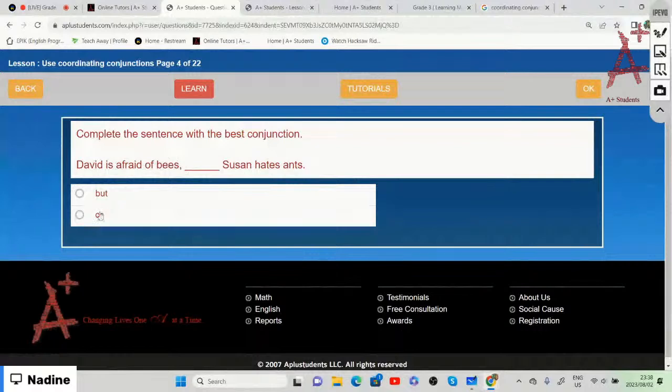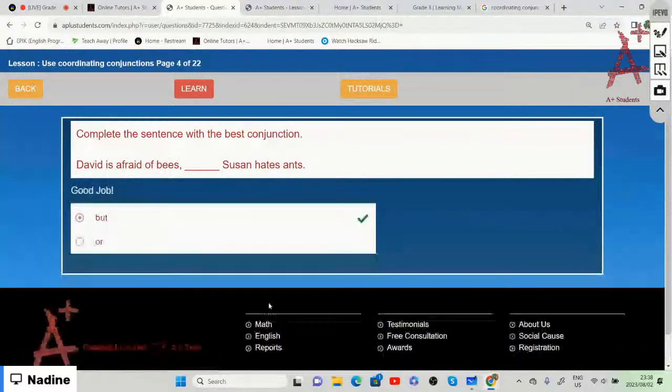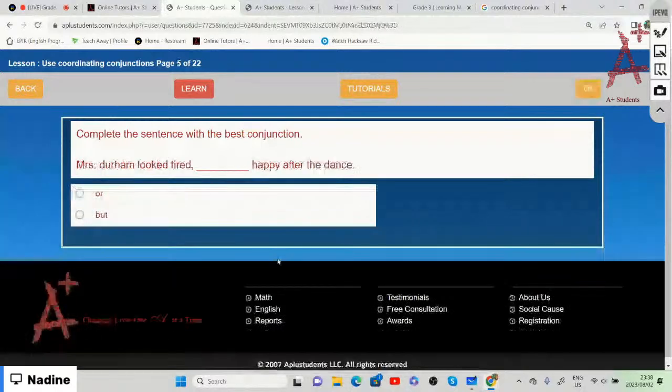We're going to choose but. And if you said but, then well done. But is correct. Mrs. Durham looked tired or happy after the dance, but happy after the dance. So Mrs. Durham looked tired but happy after the dance.